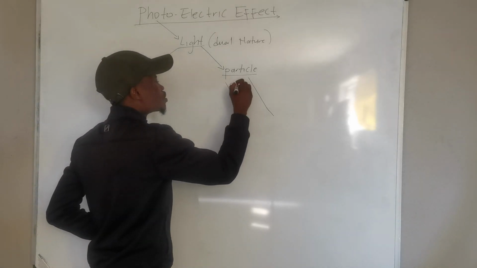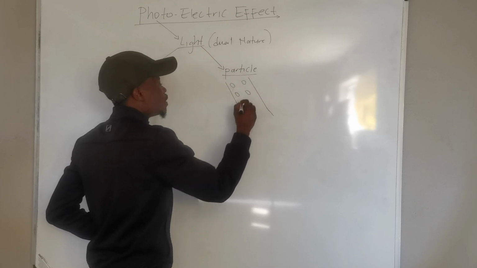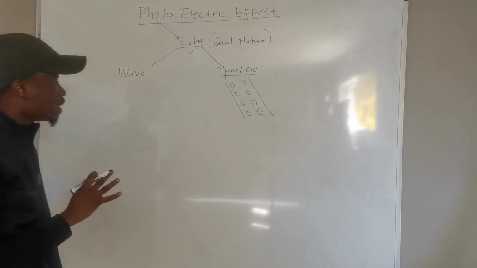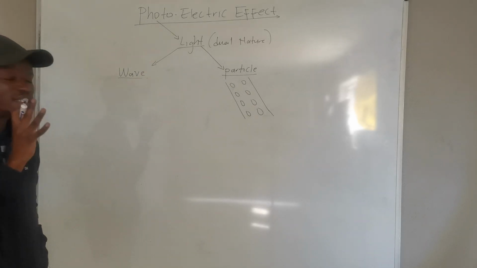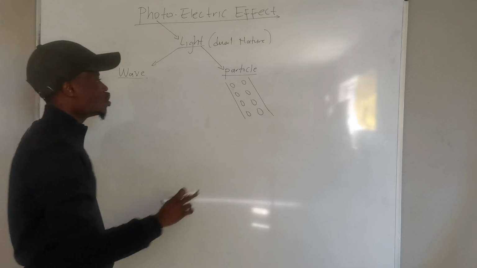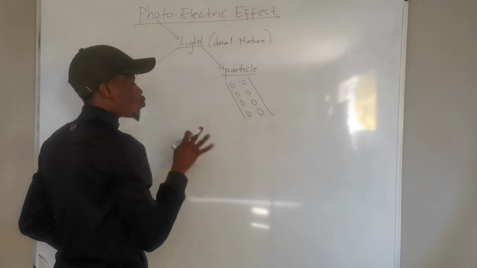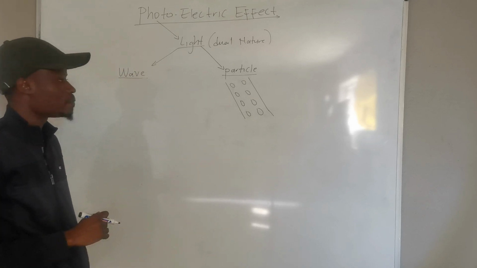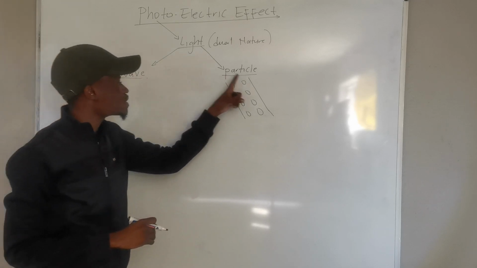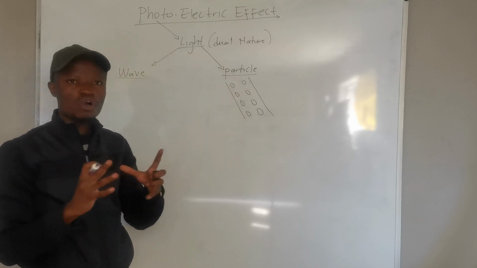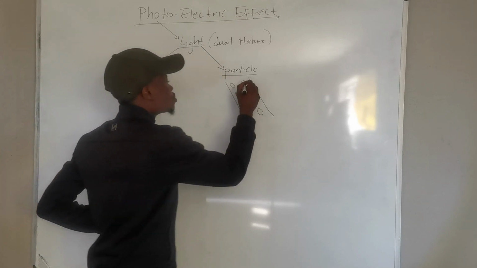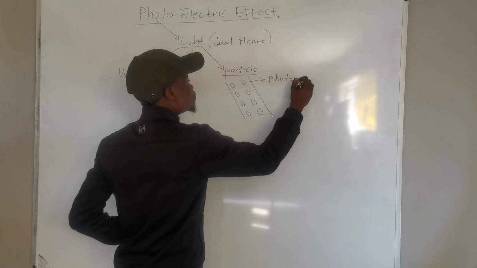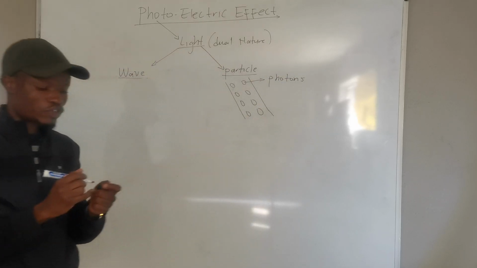I see some small particles there. That observation is very, very significant for us. When a light is shined onto an object or onto a metal, we can see that inside that light there are small particles. Those particles are what we call the photons.